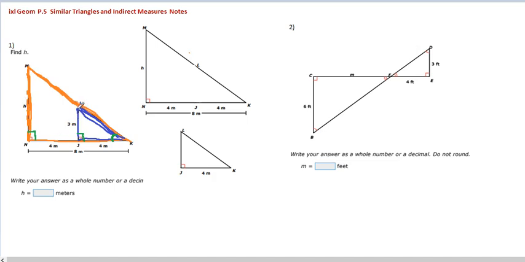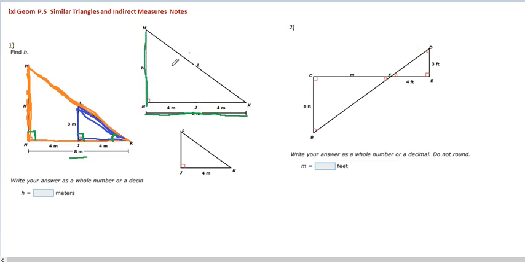The smaller triangle's height is 3. The larger triangle's base is broken up into 4 plus 4, which is 8. So this larger triangle is 8 meters long and h meters high.